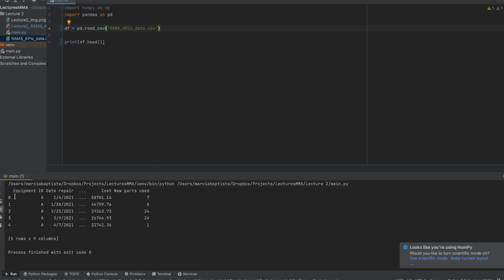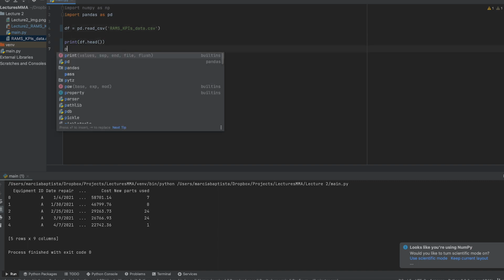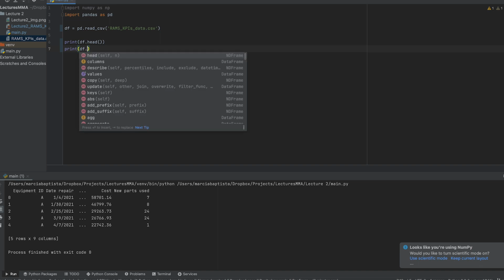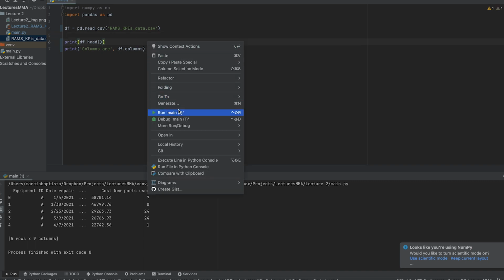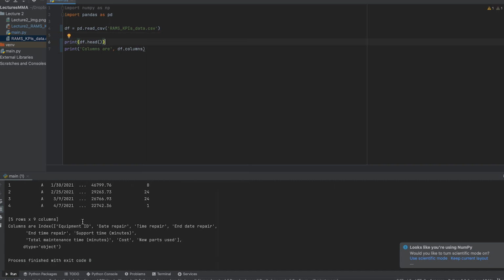Okay, so we see that we have the equipment, the date of the repair, and all the other columns are here. Okay, if we want to remember the names of the columns, we can always say this. So we know that we have equipment ID, date of repair, time of repair, and so on.